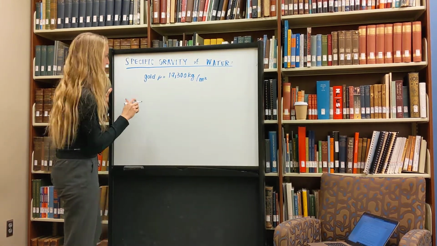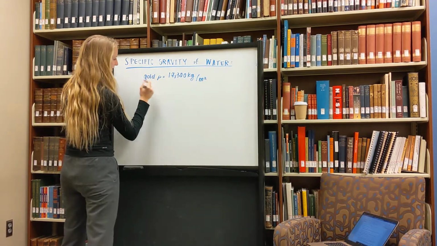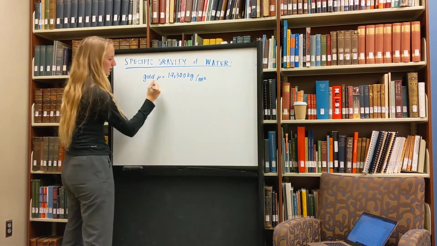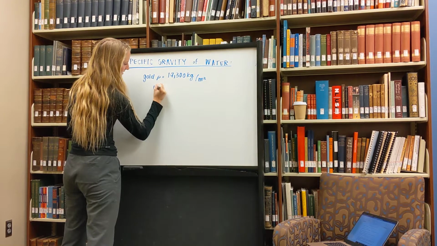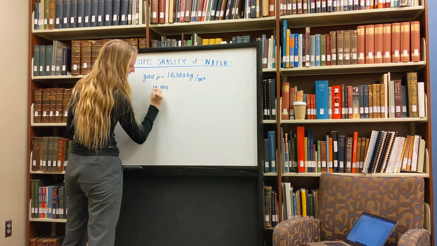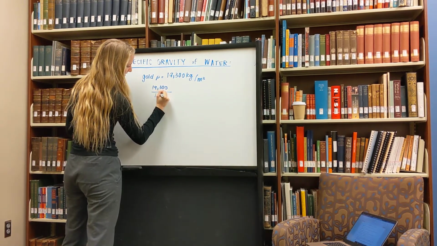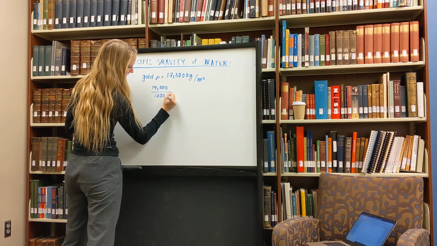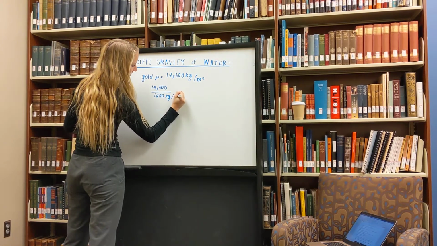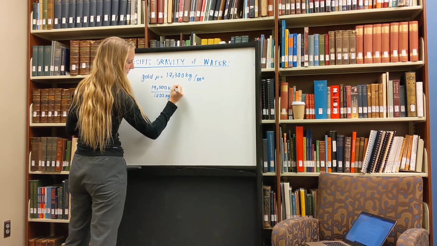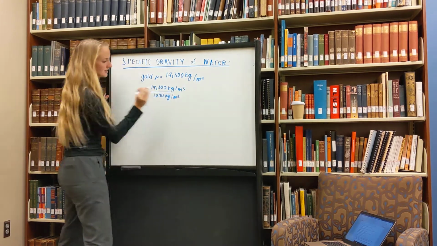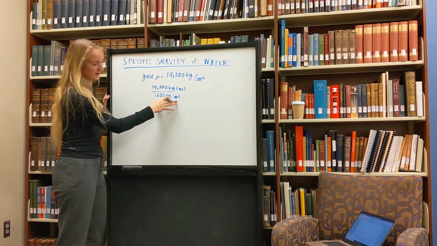That's why it's so precious. So if we were finding the specific gravity of gold, it would be 19,300 over 1,000 kilograms per meters cubed. This one also is kilograms per meters cubed. And this right here is the density of water.